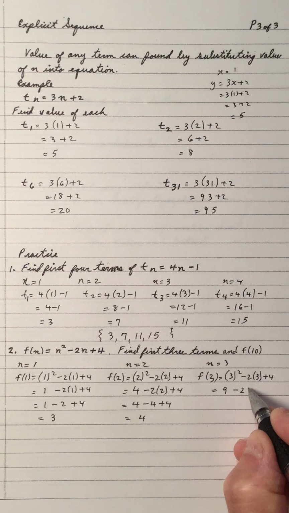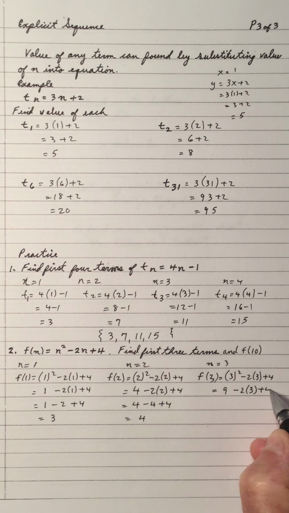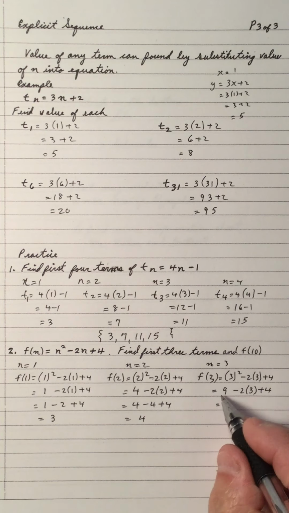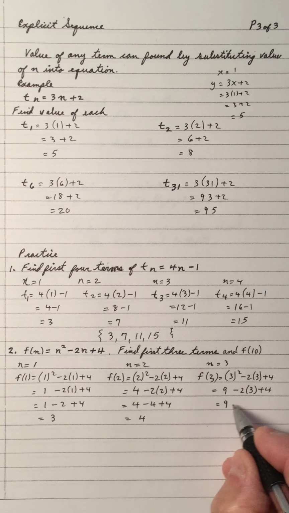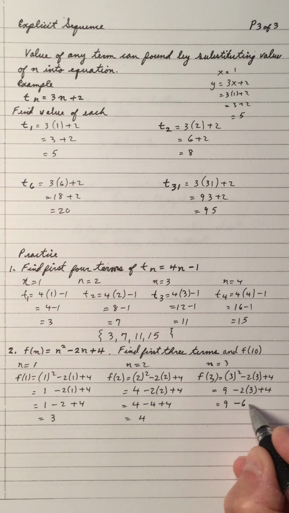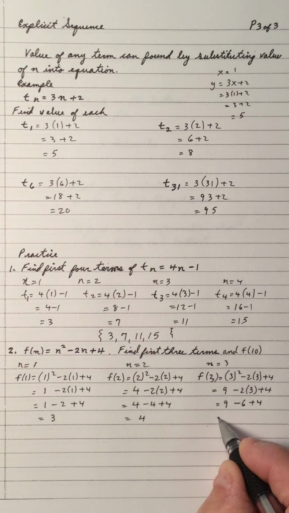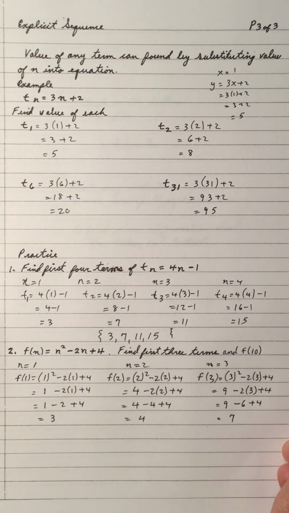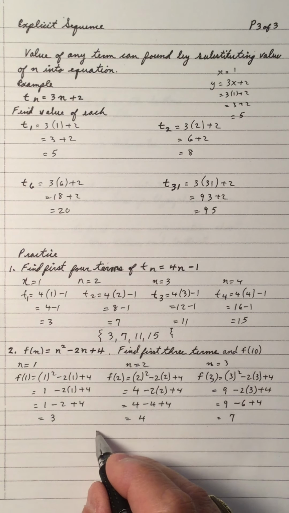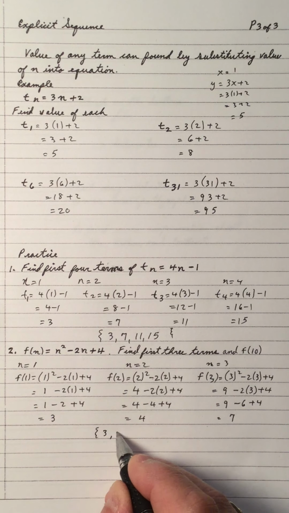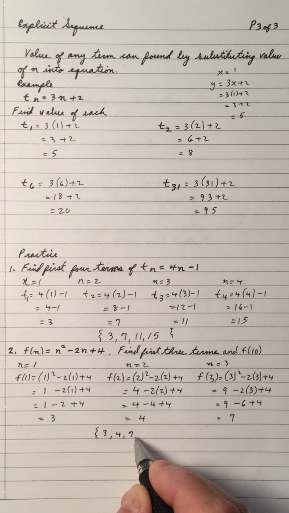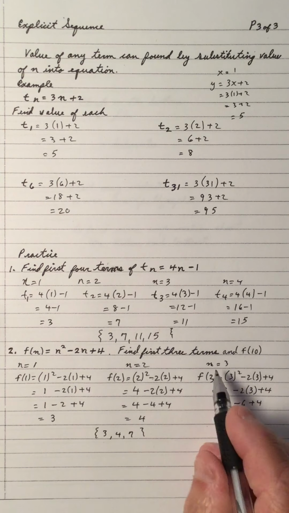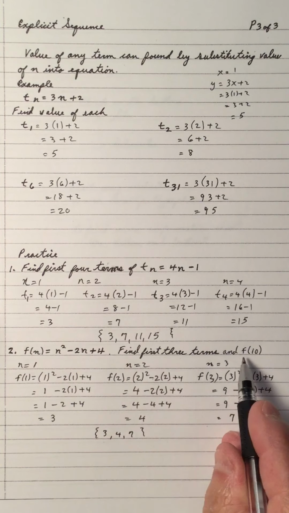Again, I'll work out one part at a time. I do my power first, then multiply next, which is negative 6. And then I add: 9 minus 6 is 3, plus 4 is 7. So the first 3 terms are 3, 4, and 7. There are more if you want more terms, but I only wanted to find the first 3.